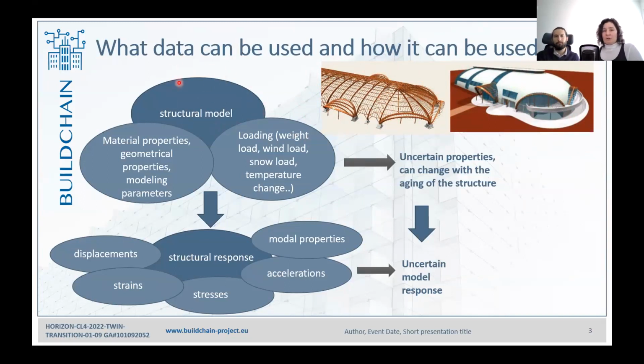So we have a structural model coming from the geometry and material properties that we need to be able to simulate how the structure behaves. Geometrical properties can come directly from the BIM. And we also need some assumptions for the modeling. How do the different elements connect?